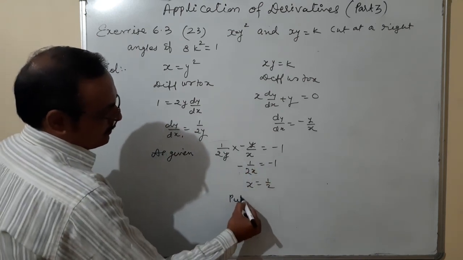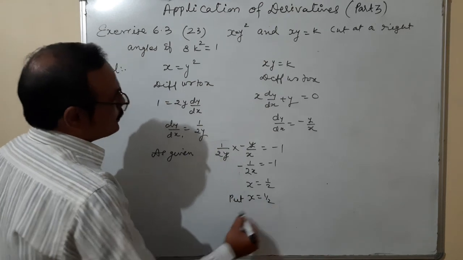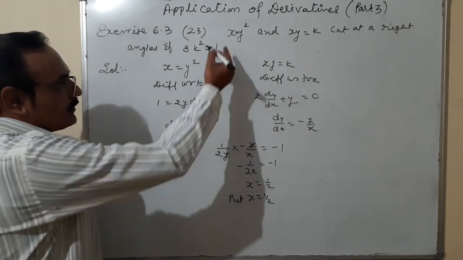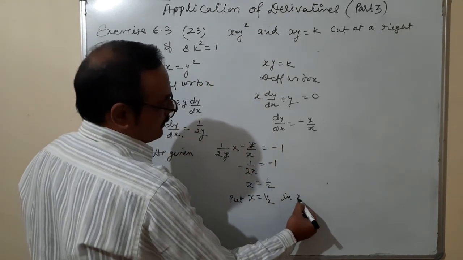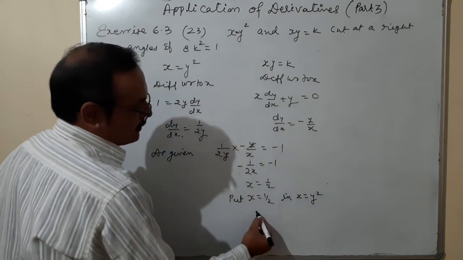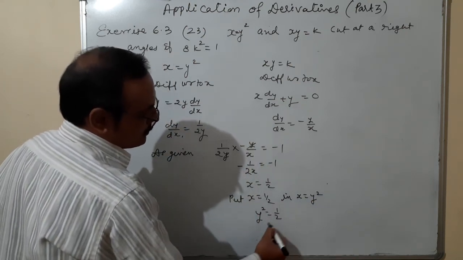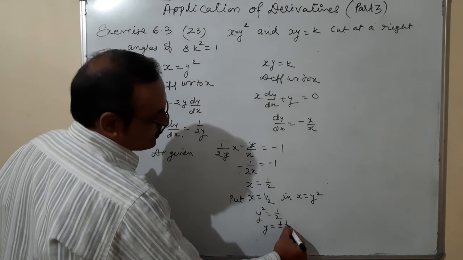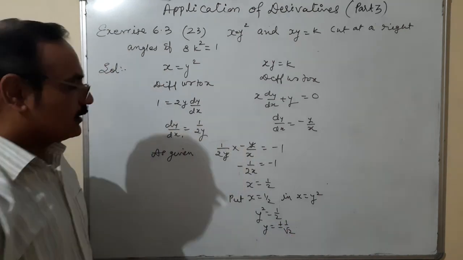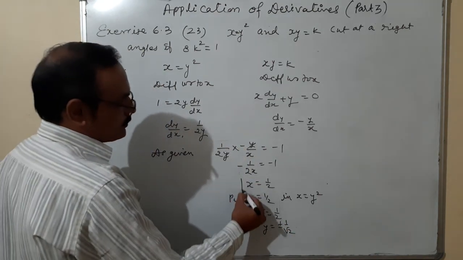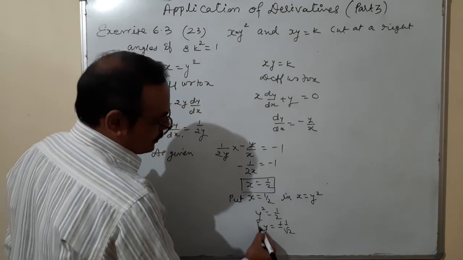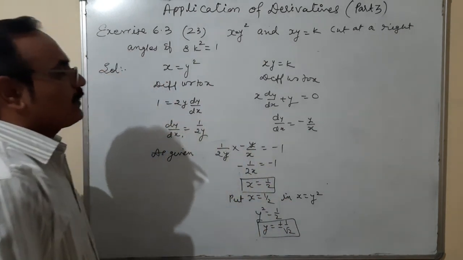Put x is equal to 1 by 2 in x is equal to y square. So y square is equal to 1 by 2. Therefore y is equal to plus minus 1 upon root 2. Now we are getting the value x is equal to 1 by 2 and y is equal to plus minus 1 upon root 2. It's okay.